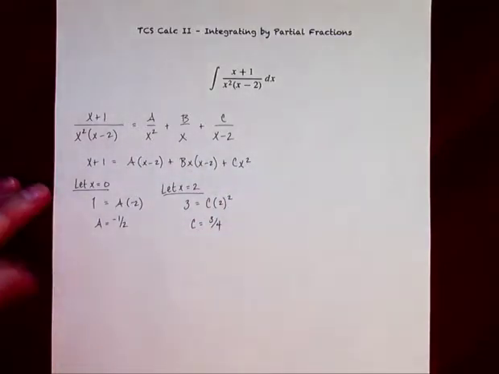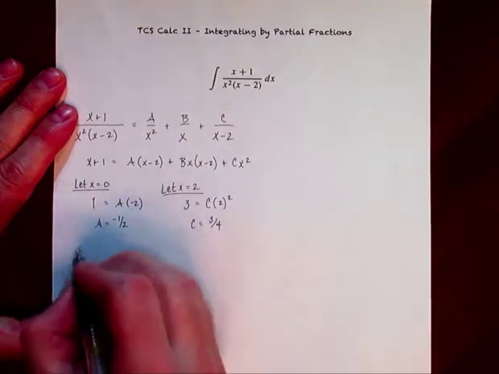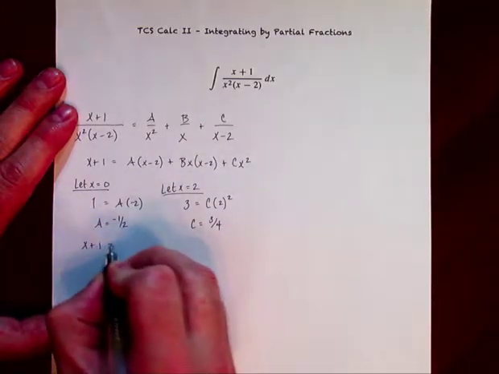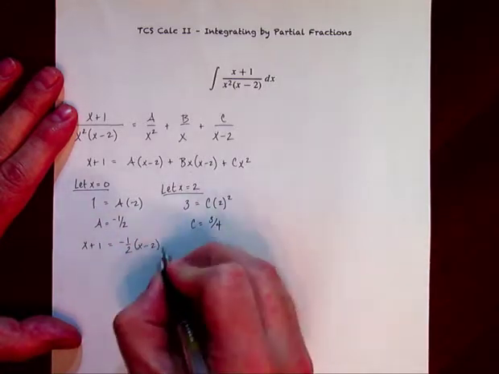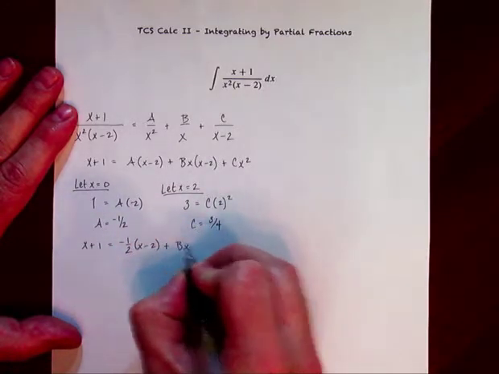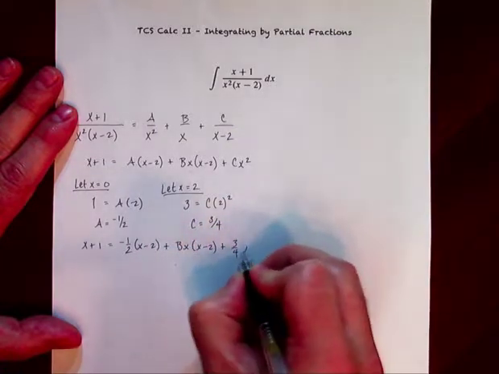Now, when we plug that back in, we're going to get x plus 1 is equal to negative 1/2 times x minus 2, plus bx times x minus 2, plus 3/4 x squared.